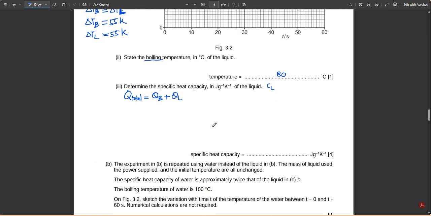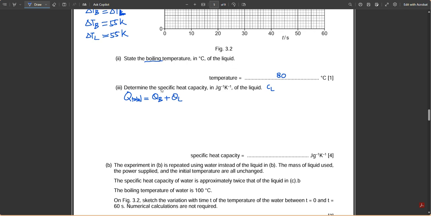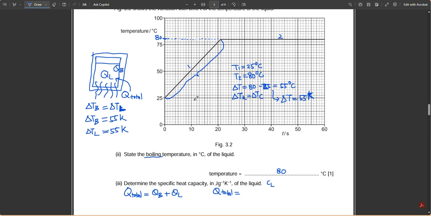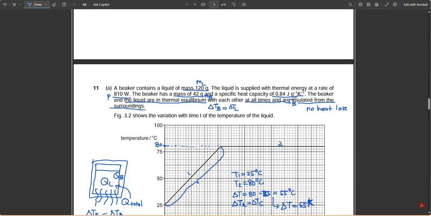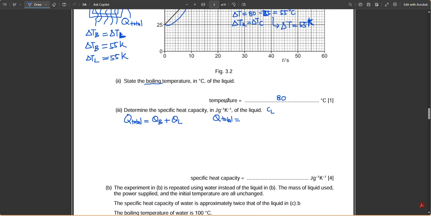Then let's go. How do we know the Q total? Q total is basically the heat given by the supply, at the rate given. So that is going to use the power and the time. Q total will be power times time. What is the power? 810. And what is the time?